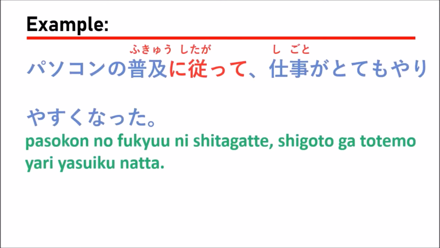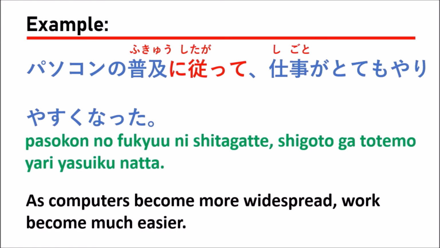The next example. パソコンの普及に従って仕事がとてもやりやすくなった。Which means that as computers become more widespread, work becomes much easier.